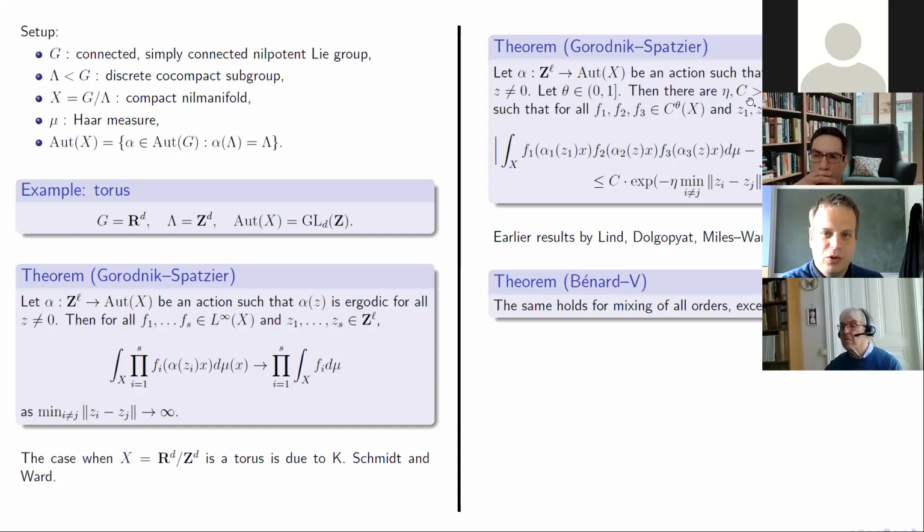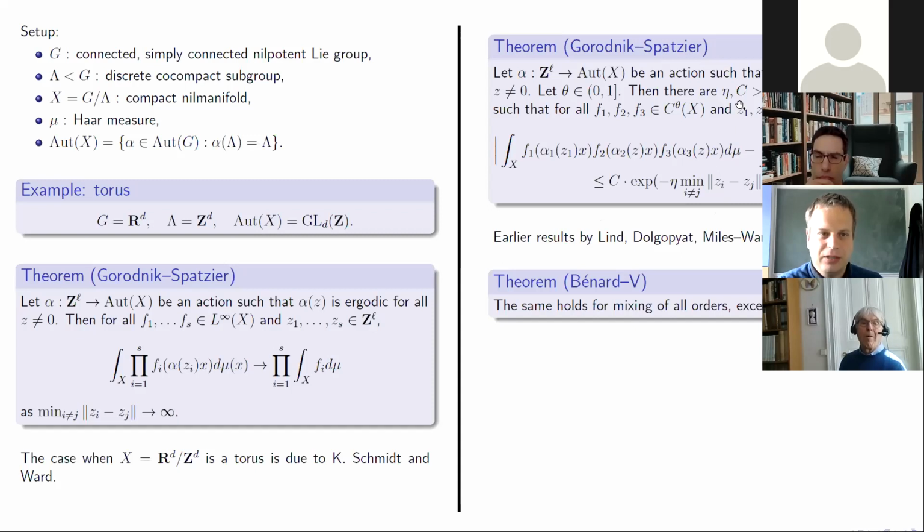So having effective constants means that if you tell me what the action alpha is, plus you tell me what theta is, then if I work really hard and go through every step in my proof very carefully, then I will be able to tell you exactly what eta and C is.